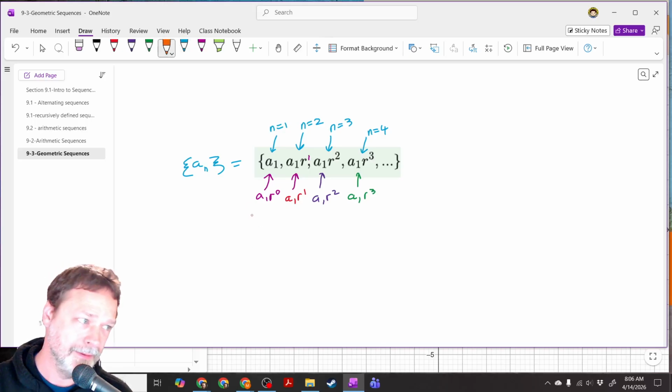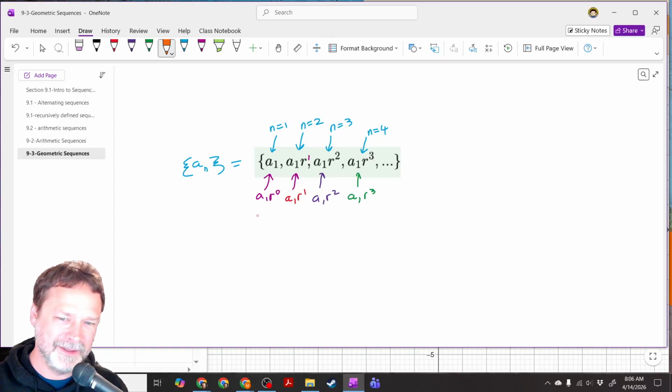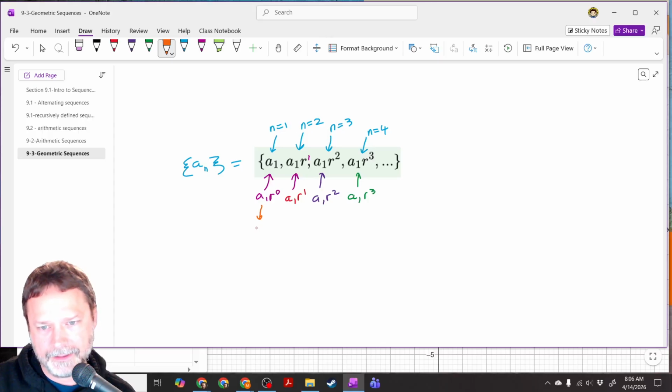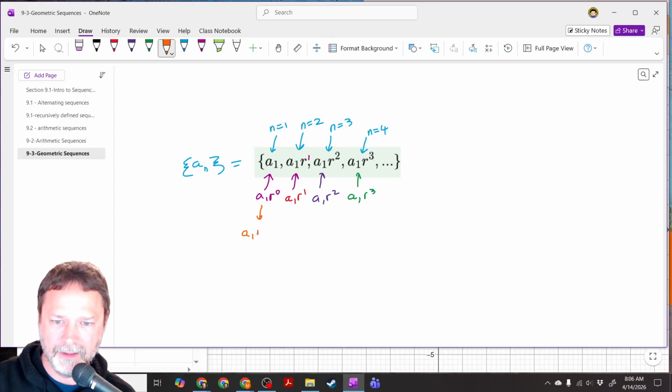And so without going through a proof, I'm just going to say, here it is. We could go ahead and say this is really a sub 1 times r to the 1 minus 1.